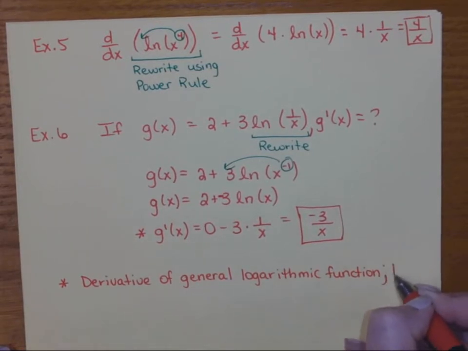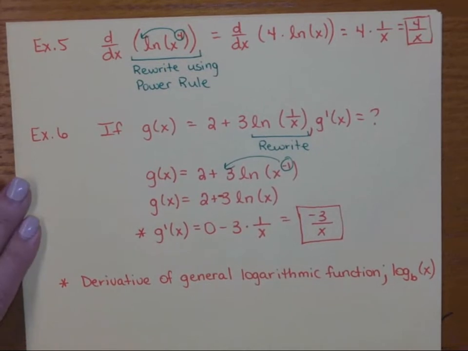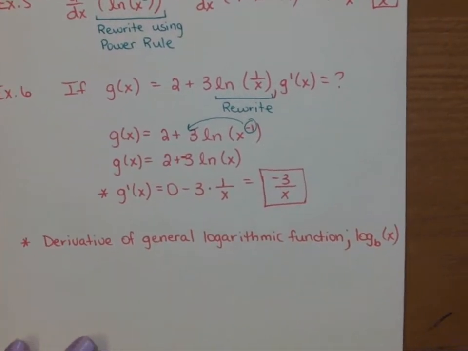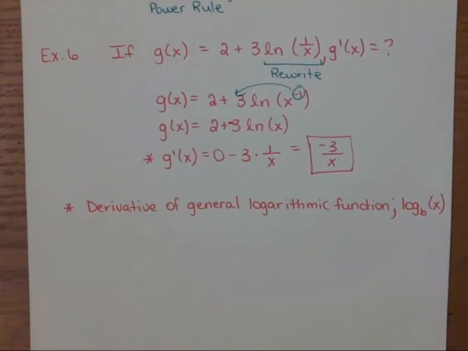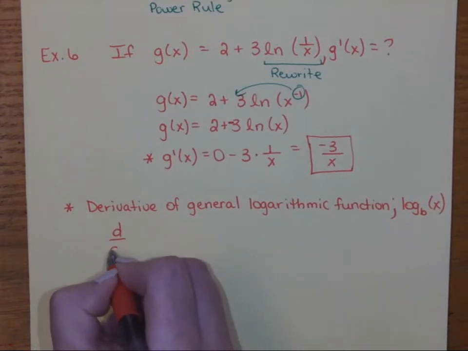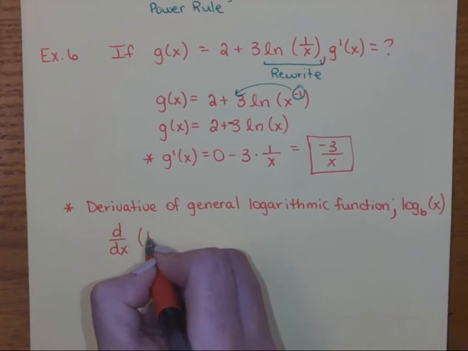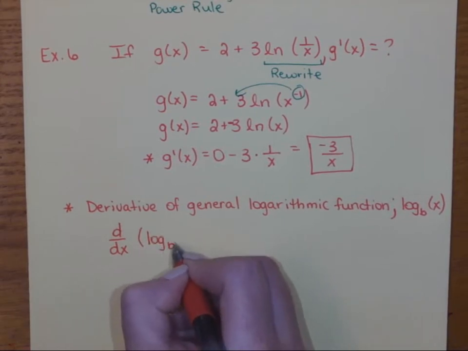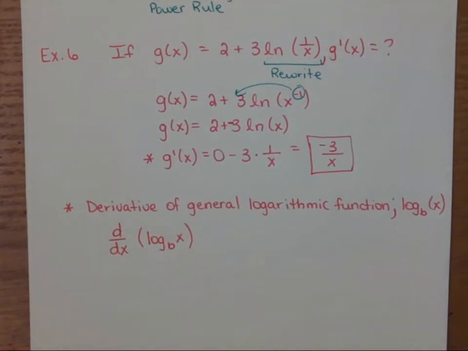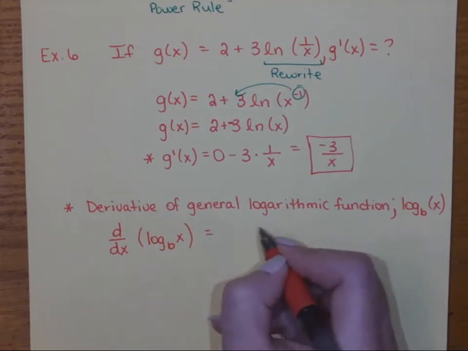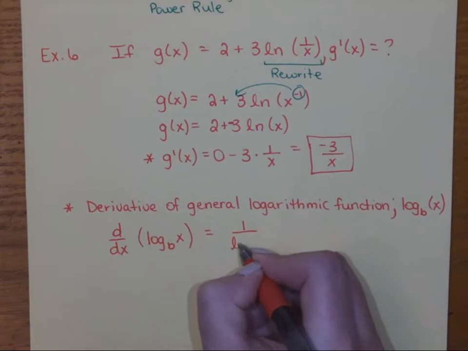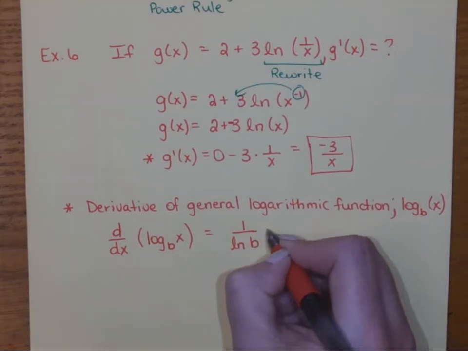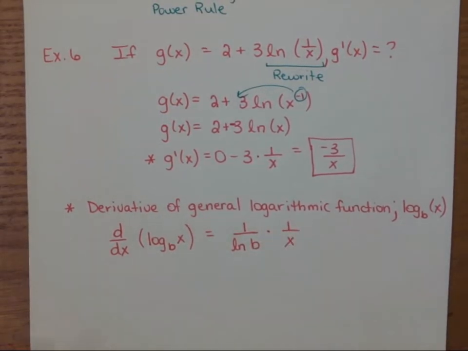So now we're going to find the derivative of any kind of logarithm, whereas before I just told you how to find just the special case ln of x, or natural log. And hopefully you're going to see that it looks similar to the one that we just did. So if you want to find the derivative of any log with any base of x, it is going to be 1 over the natural log of b, and then times 1 over x.